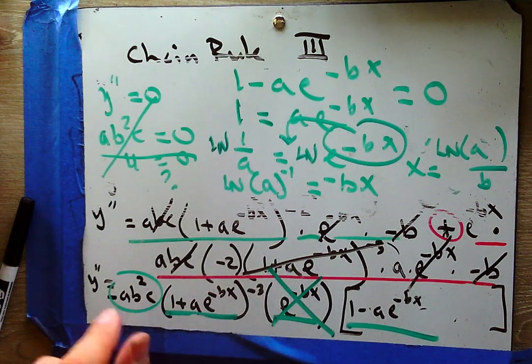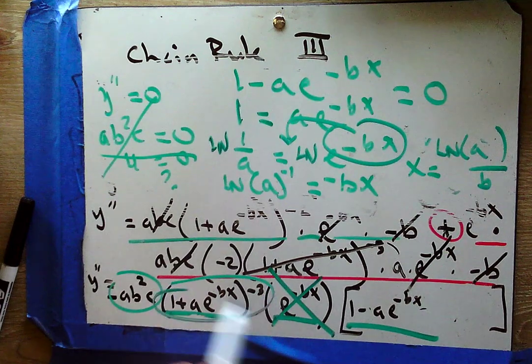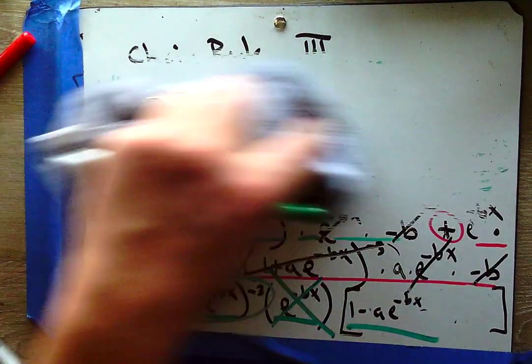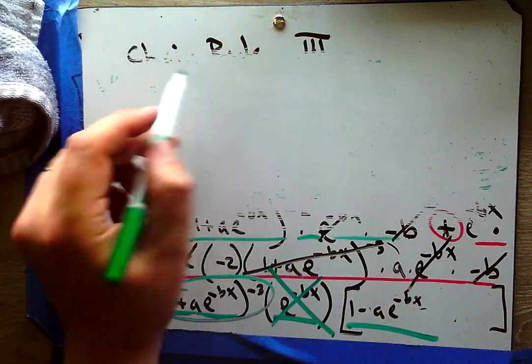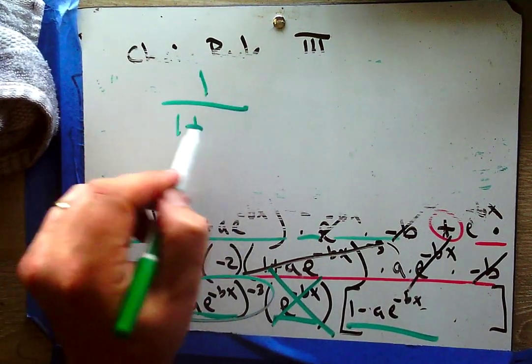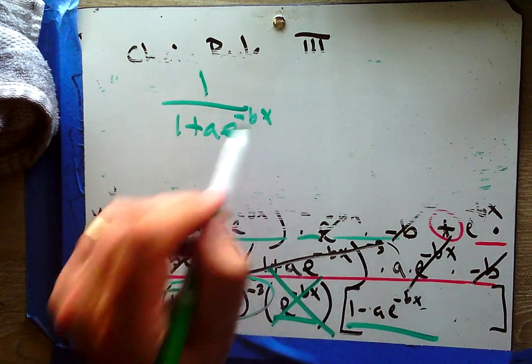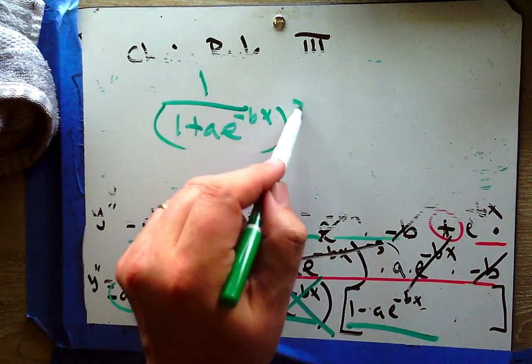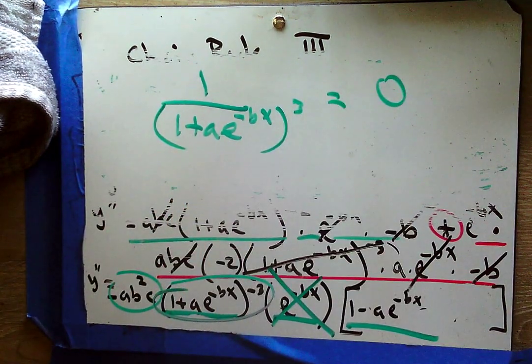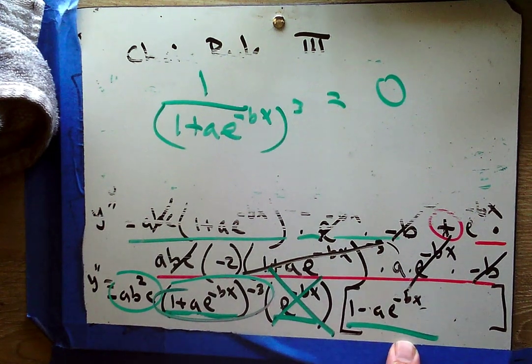Oh, hold on. I want to show you something interesting. By the way, there's so much going on in this one. I've got 1 over 1 plus a e to the minus bx raised to the third. And I want to know when it's equal to 0, right? I'm setting all these factors equal to 0.